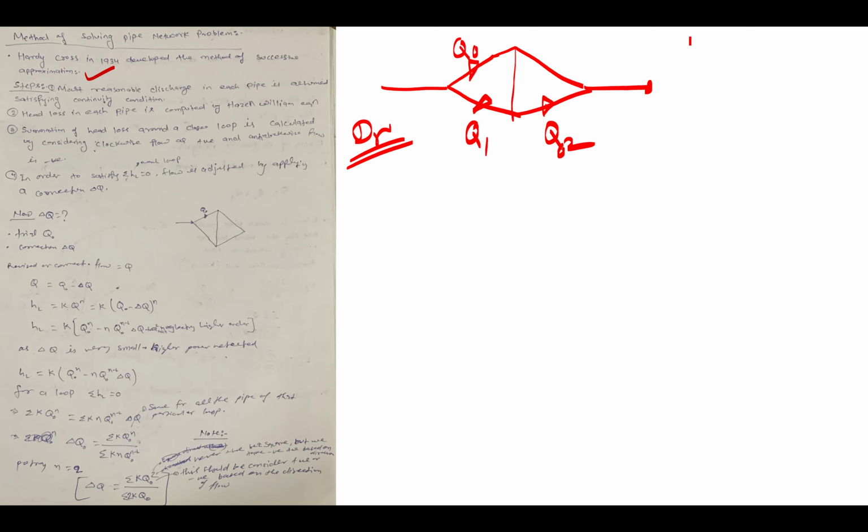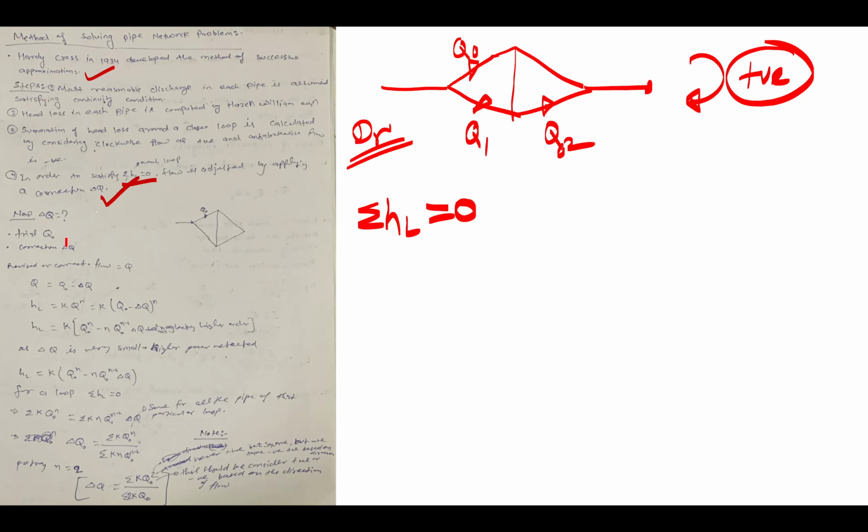Remember, clockwise we will consider positive. Now, in order to satisfy summation of head loss equal to 0, the flow is adjusted by applying a correction delta Q.